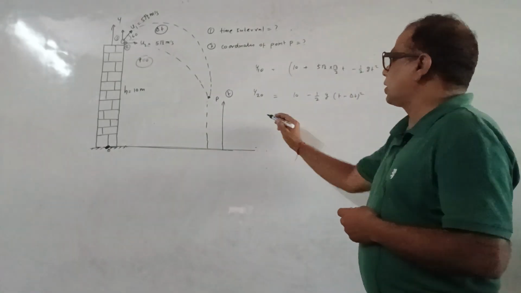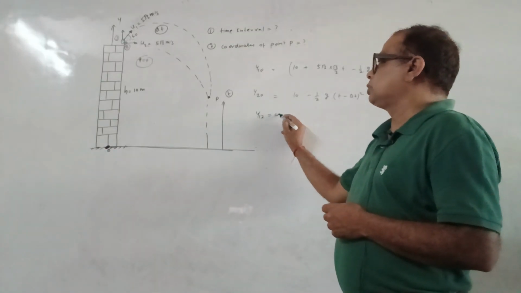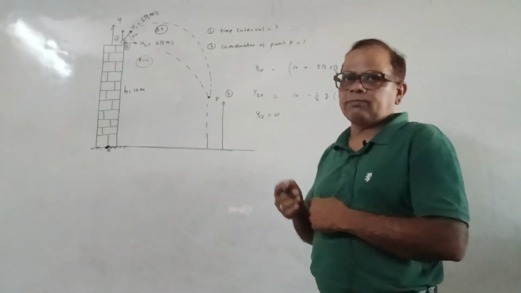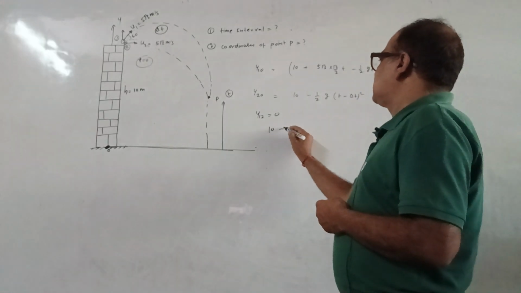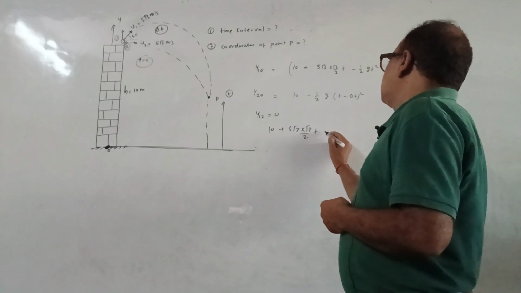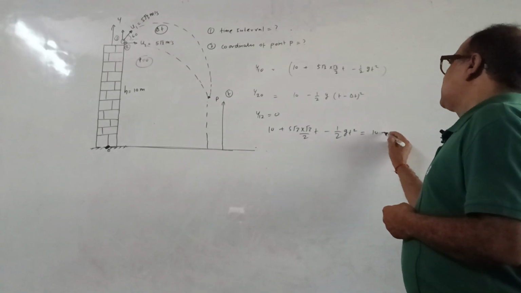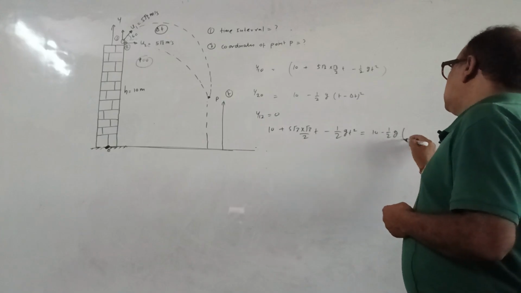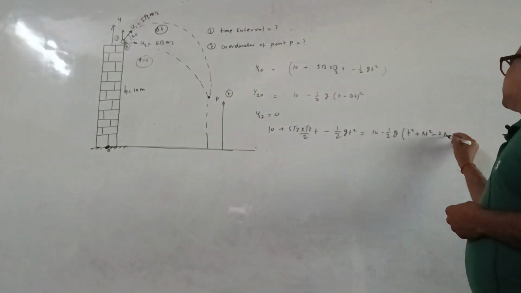So equating both coordinates, because relative displacement in the y direction should be equal to 0: 10 plus 5 root 3 into root 3 by 2 t minus half g t square should be equal to 10 minus half g (t minus delta t) square.